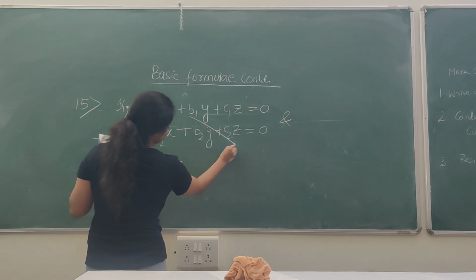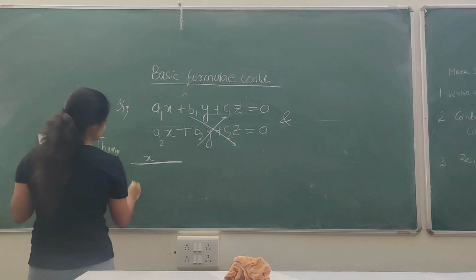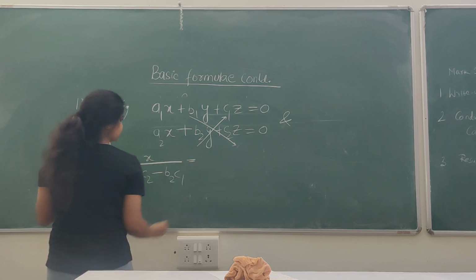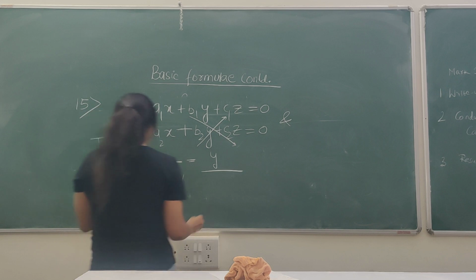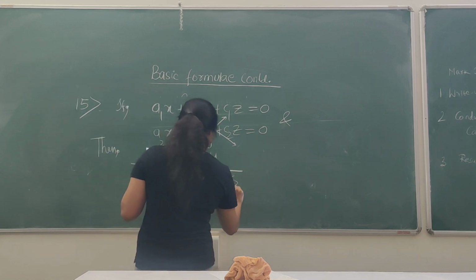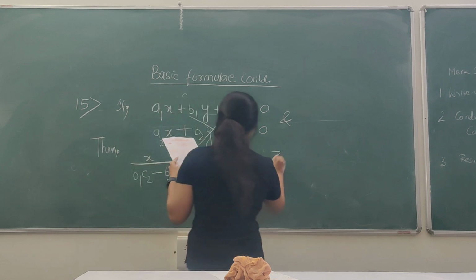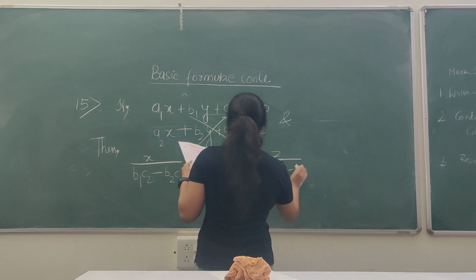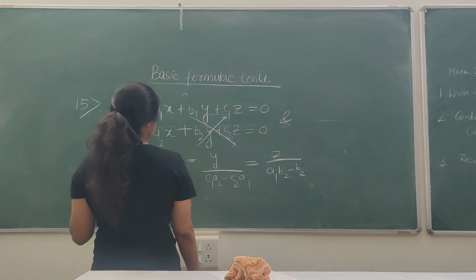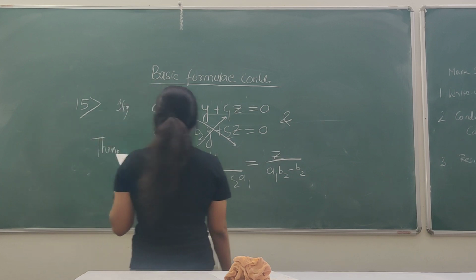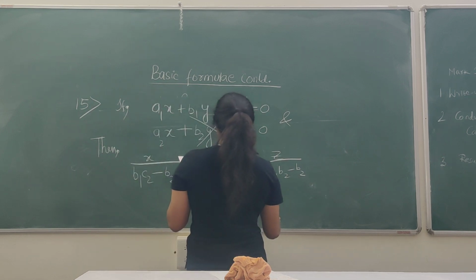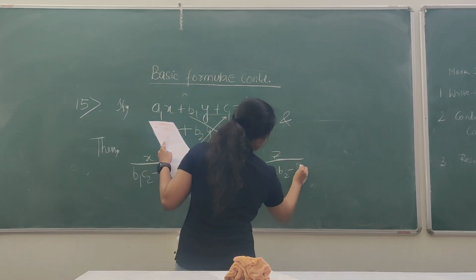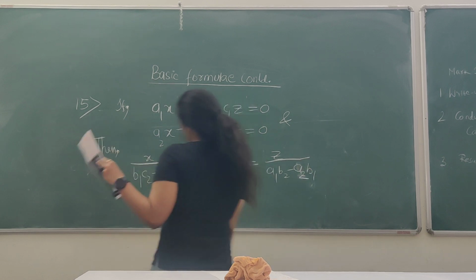So you multiply b1 c2 minus b2 c1, and that is y. Here you do not take the same reverse order; here you will do a2 c1 minus a1 c2, which is equal to z upon a1 b2 minus a2 b1.